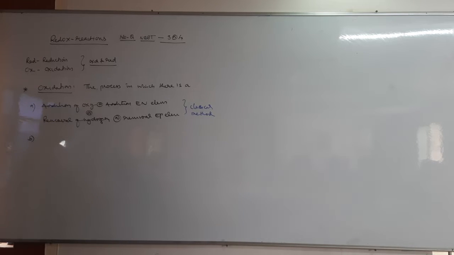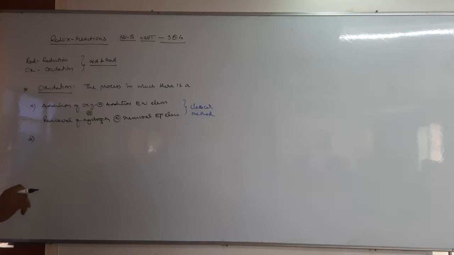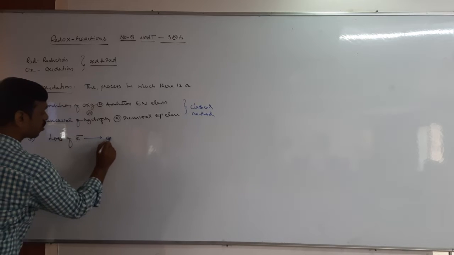No. In oxidation there is also a loss of electrons. Therefore, oxidation can also be defined as the process in which there is a loss of electrons. This is according to the electronic concept.